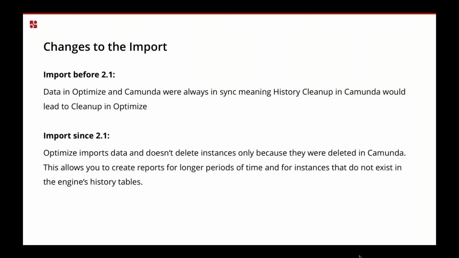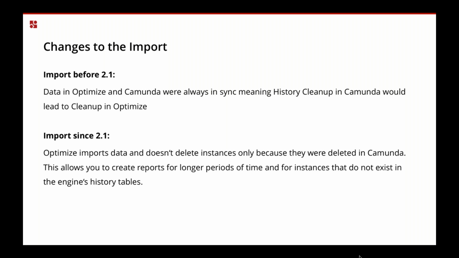But the more important thing, I think, from the customer perspective is that before version 2.1, the data in Camunda BPM and Camunda Optimize were always in sync, which meant if you deleted historic process data in Camunda BPM, it was also deleted in Camunda Optimize.